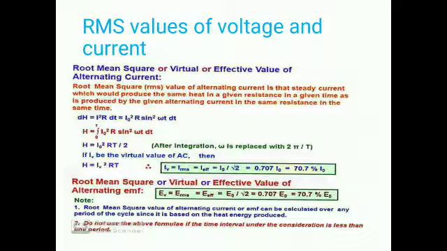Now the mean square value of alternating voltage is V0 square by 2, where V0 is the maximum voltage. In terms of EMF, E0 square by 2, where E0 is the maximum value of the applied EMF. Then taking the square root, E RMS is equal to E0 by root 2. Similarly, the RMS value of alternating current is I0 by root 2.